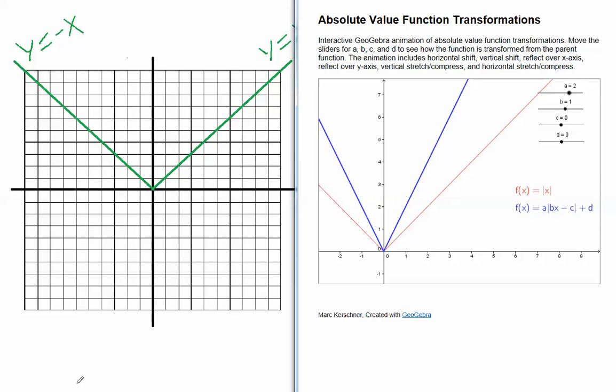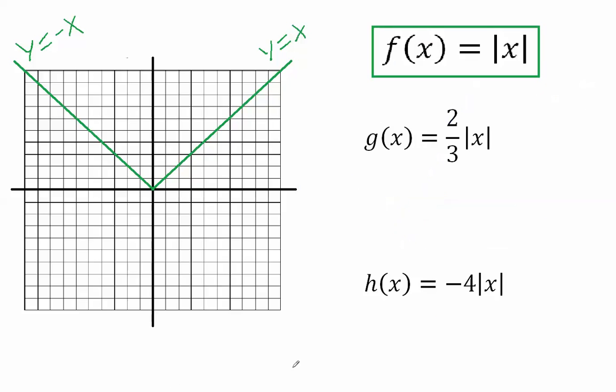With that new knowledge, let's go back to our problem here. Let's do this first one. Let's graph g of x equals 2 over 3 times the absolute value of x. Starting from the vertex, the origin, 0, 0, we want to go up 2 and then over 3.